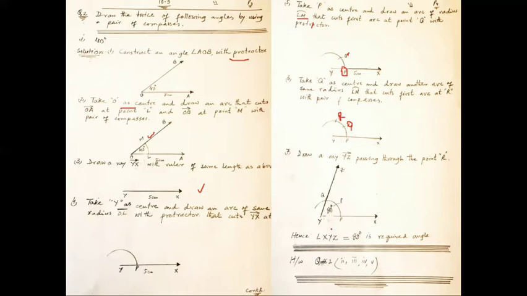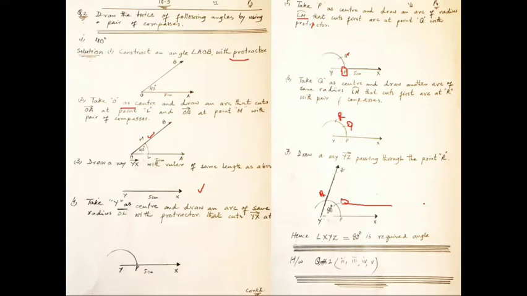We will draw a ray YZ, which will pass through the point R. This is the point R, and this is the point Q. Now XYZ is the required angle, which is twice the first angle.